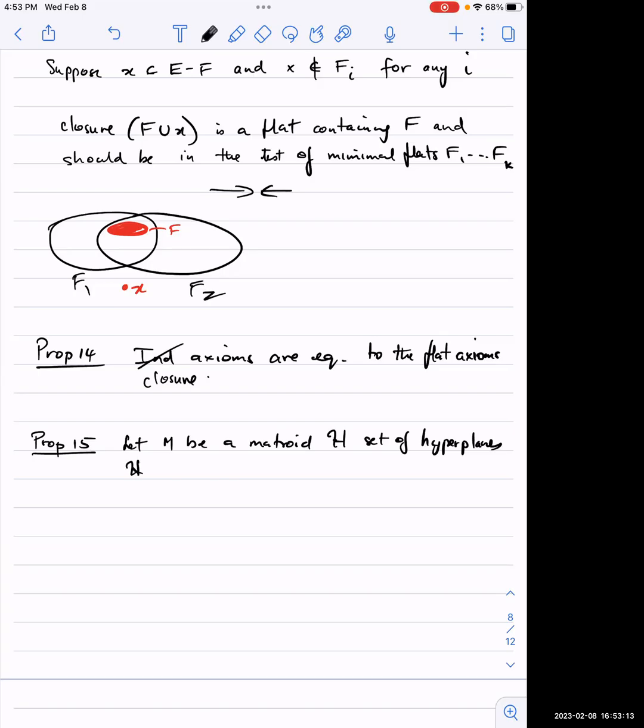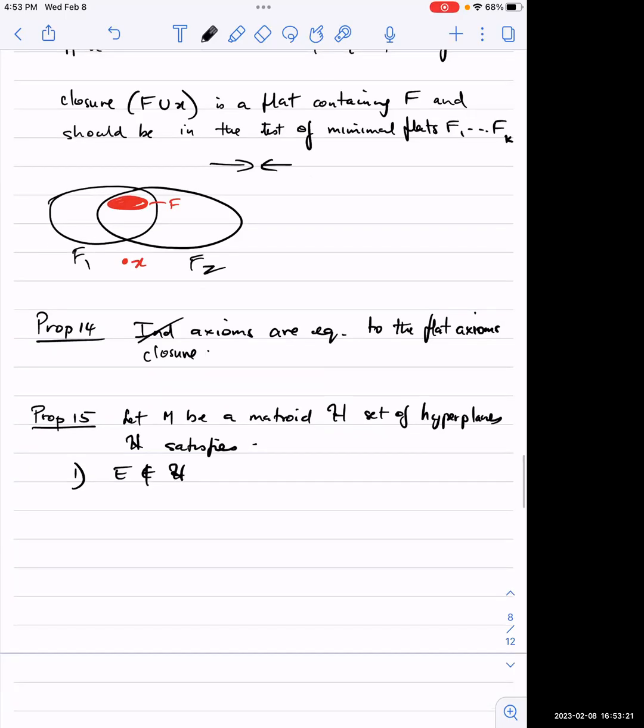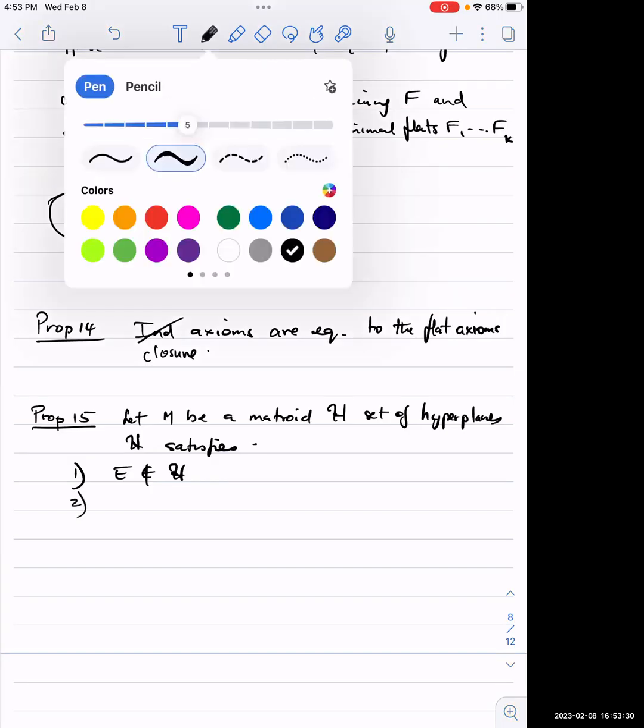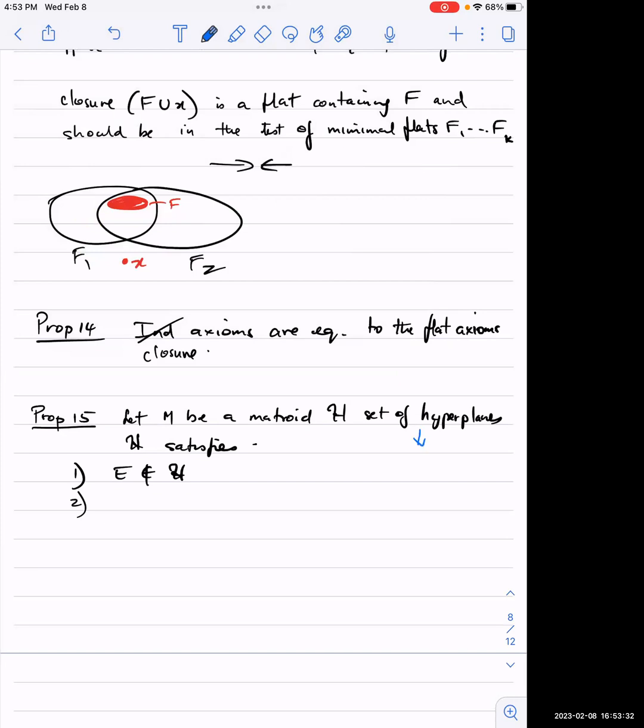Then H satisfies the trivial condition: the whole space cannot be a hyperplane. Hyperplanes are one rank less than the space, all the closed sets, all the flats with one rank less than n.